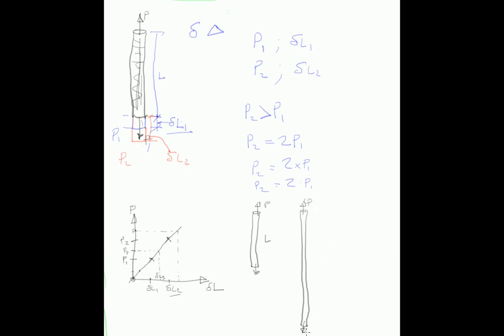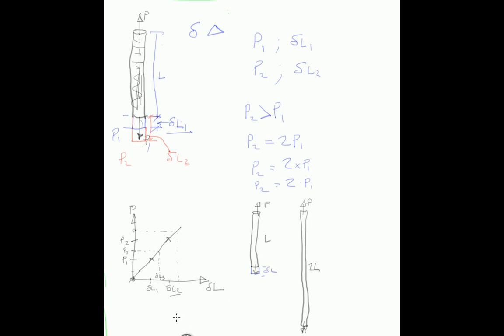The length has changed to a value which is now 2L. Okay, so it's twice as long. Under that force, we will get an extension delta L, which we got from the relationship that we established here, the graphical relationship here.